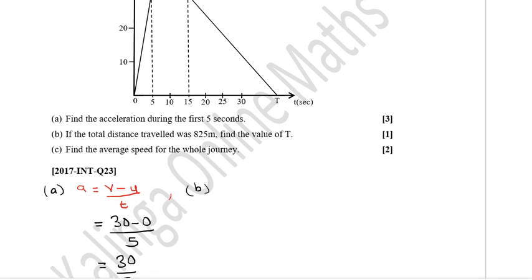Let's say this is area 1 or distance 1, distance 2, and distance 3, so that we can add them, and then the answer should be 825 because you have been given the total distance for the whole journey, right? They are saying the total distance traveled was 825.